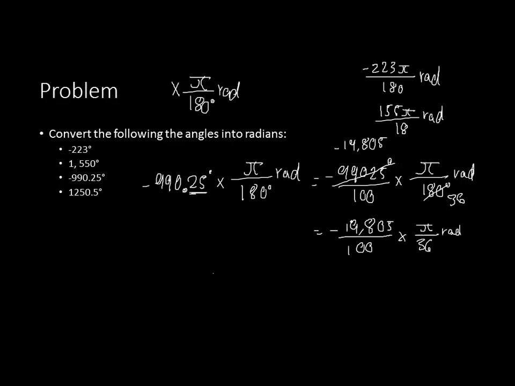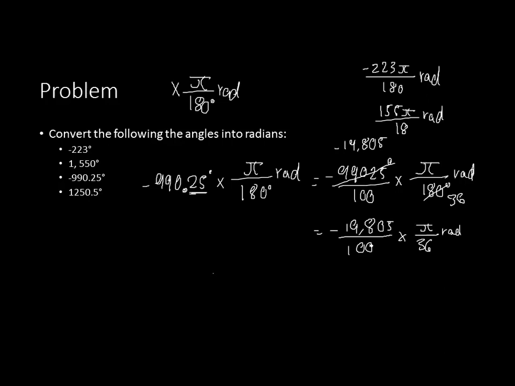I think these two, I mean the values from the top and the bottom, they're both divisible by 5 as well. Let me take a look. Negative 19,805 all over 100. Yeah, they are both divisible by 5.